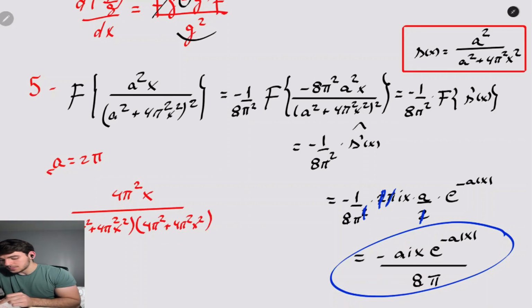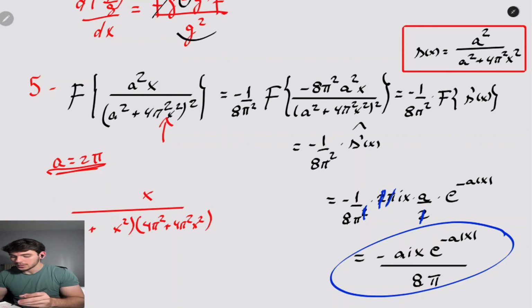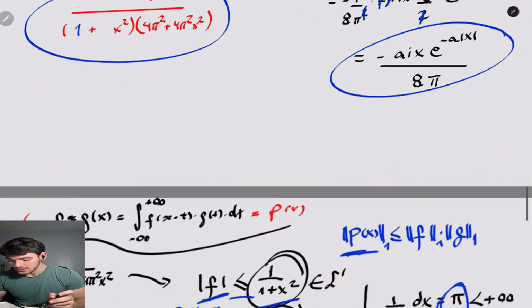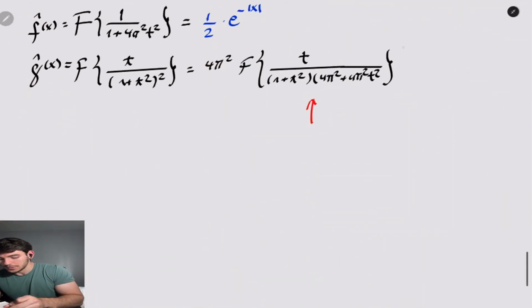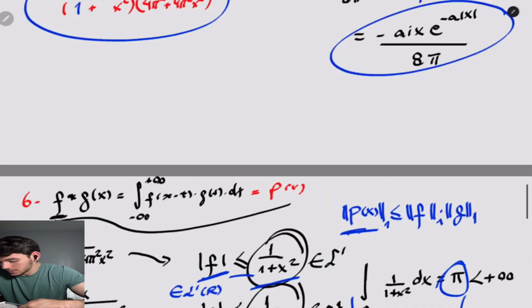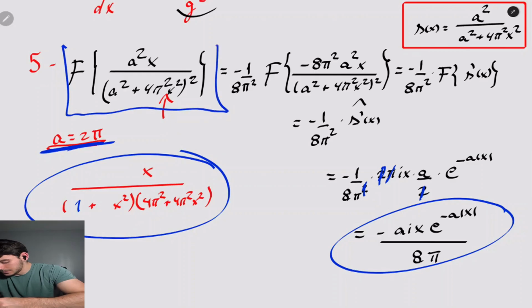So I've just substituted this value in here. And now we can cut out this 4 pi squared with those, and here it will be 1 plus x squared. All right, so if we substitute a equals 2 pi, this is exactly what we have here. So we can just use the result that we found for the Fourier transform here.